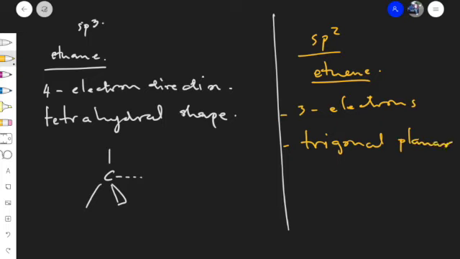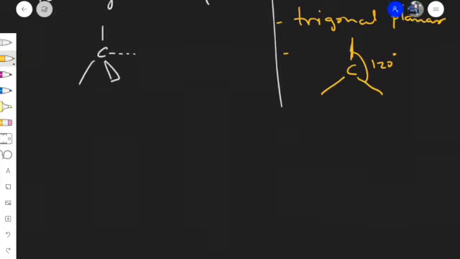In the trigonal planar shape, a good example will look like so. This is trigonal planar, and it has an angle of 120 degrees, right?